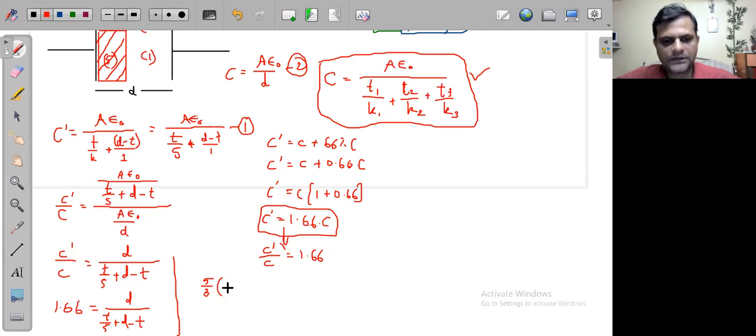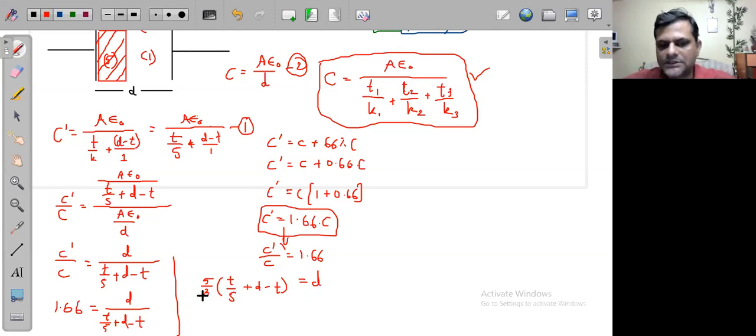and that is multiplied with this T by 5, we took this term to that side, plus D minus T here, which is going to be equal to simply D here.